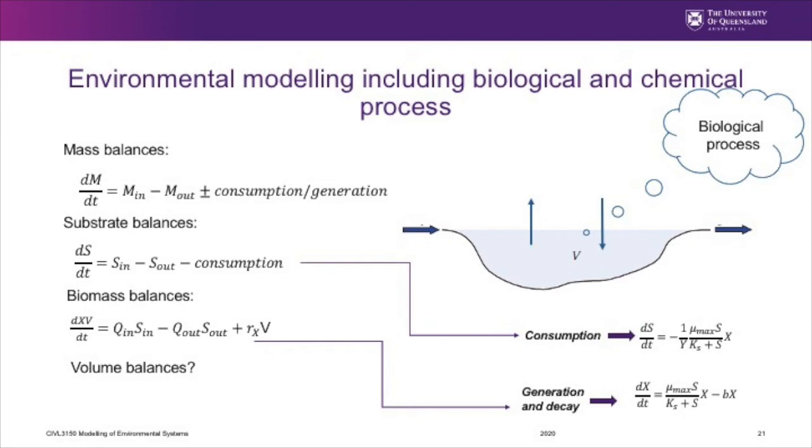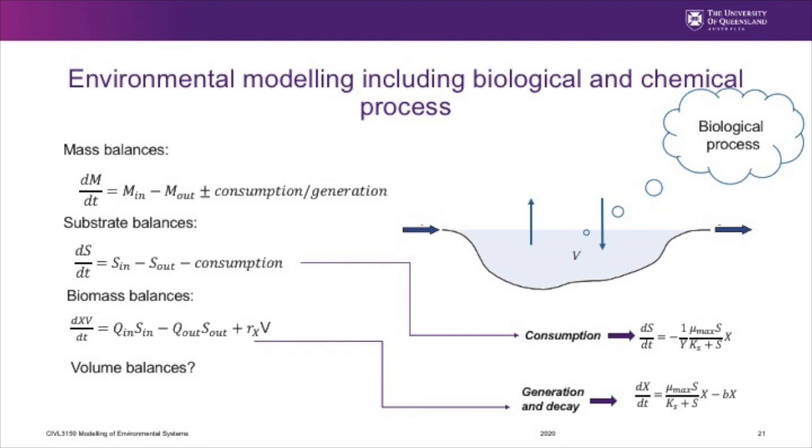Let's think about, for instance, nitrogen. Nitrogen can enter the system through the inflow that contains this component, then it can be consumed by some microorganisms, and it can leave our system.